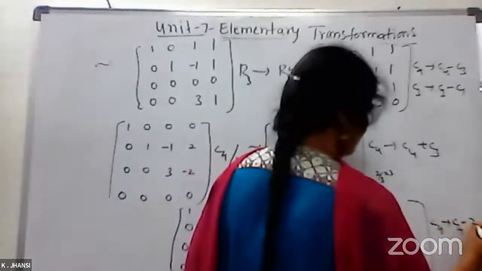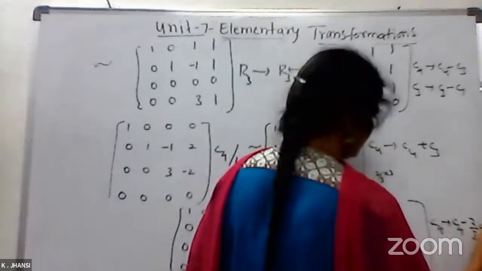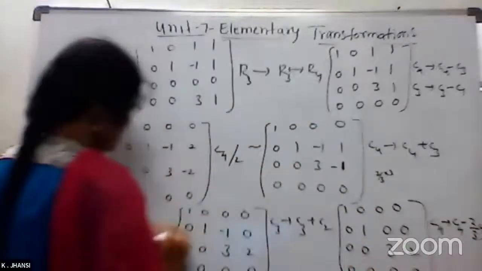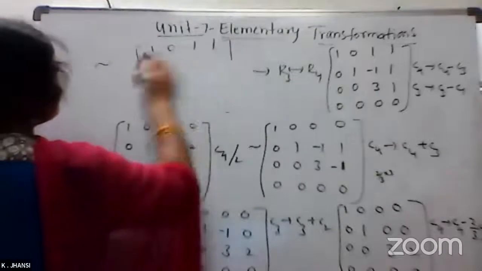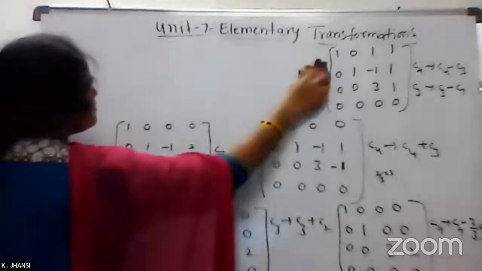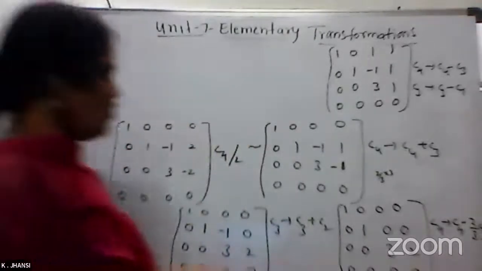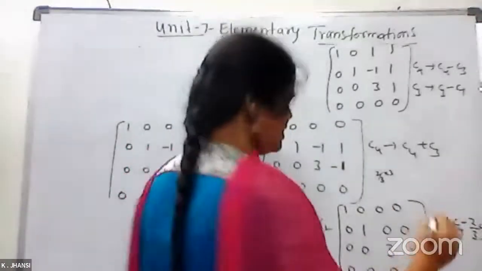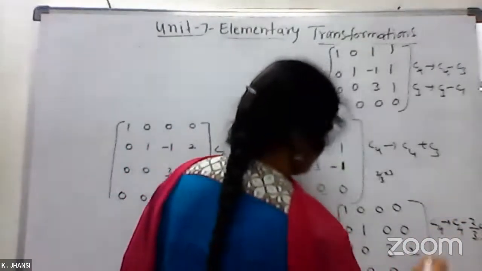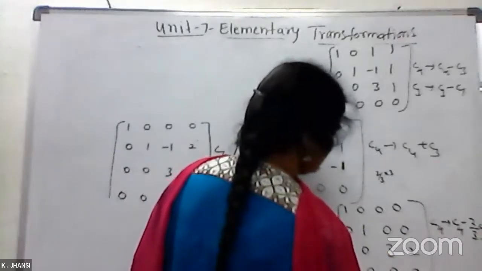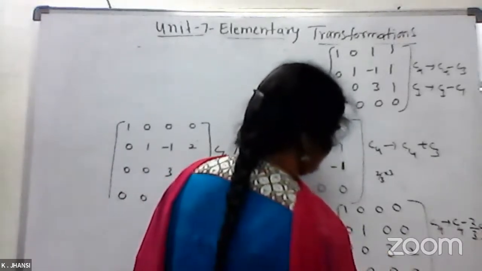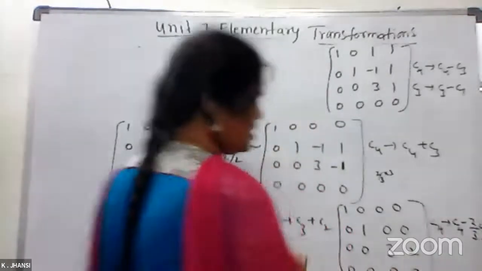So minus 2 by 3 into C3. See, C4 is 2, 2 minus 2 by 3 into what is C3? 3. So 3 will get cancelled. Then 2 minus 2 is 0.